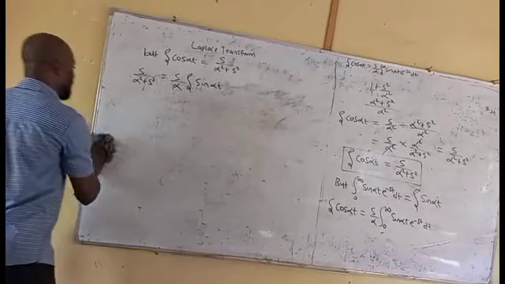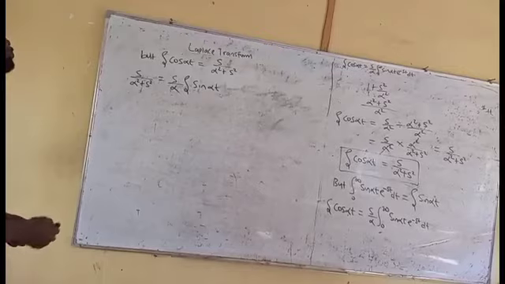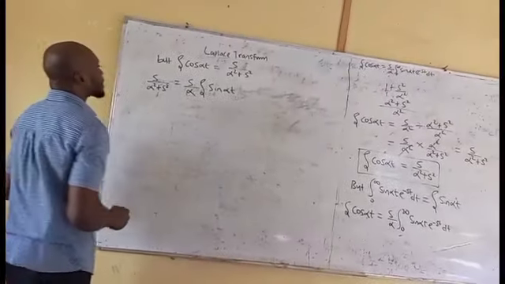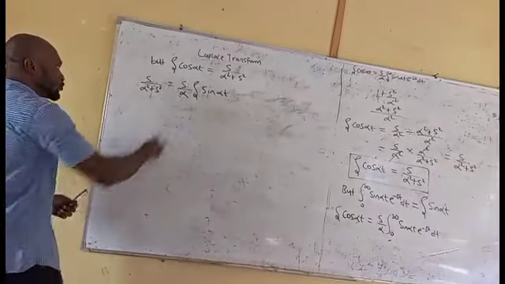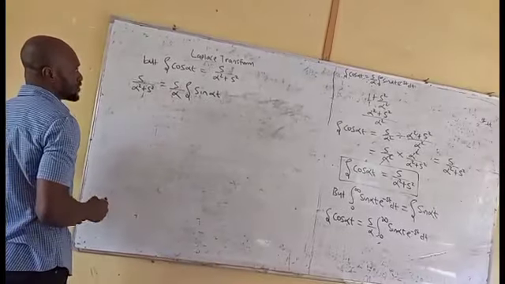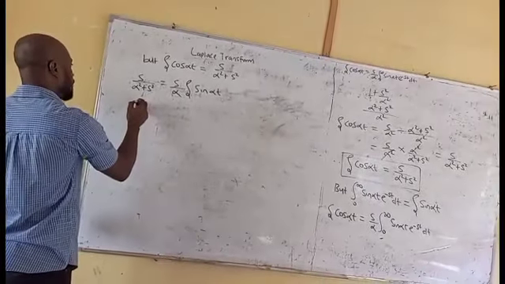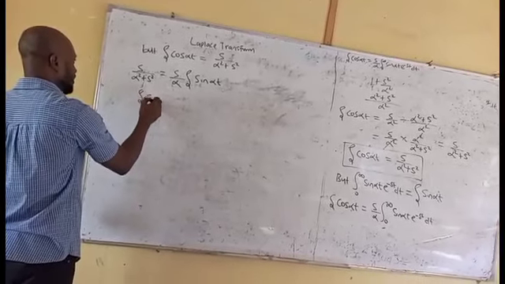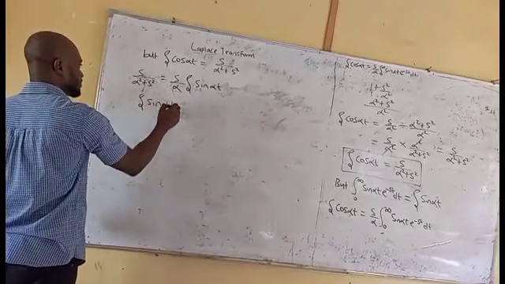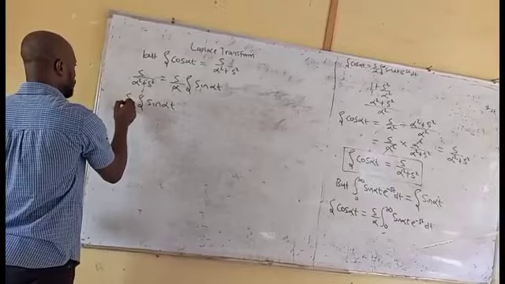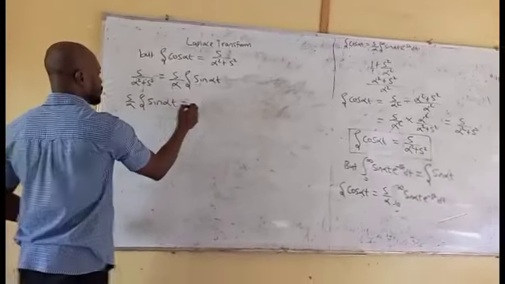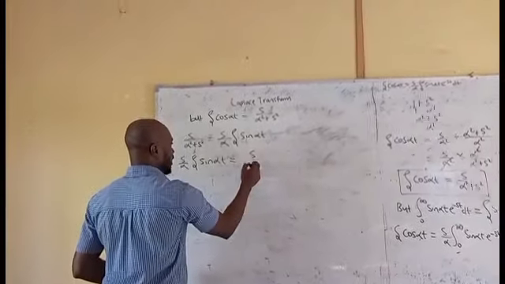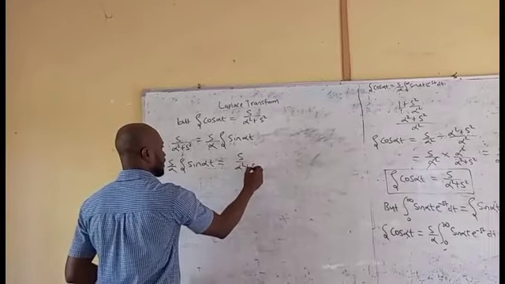I'll say divide both sides by s over alpha to get the Laplace transform of sine alpha t. So I have the Laplace transformation of sine alpha t, which means s over alpha is equal to this, s over alpha squared plus s squared.